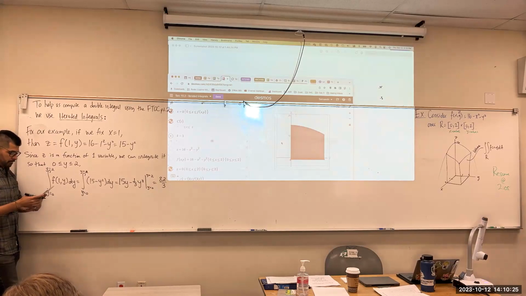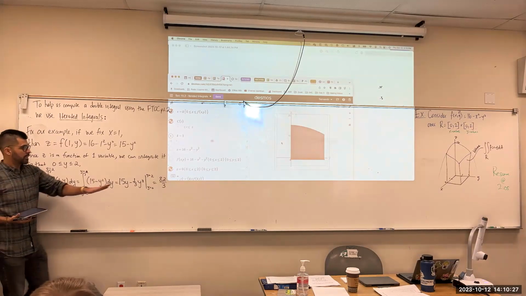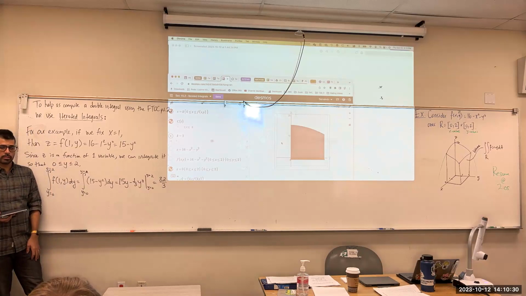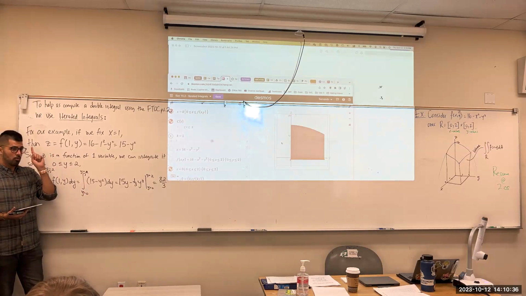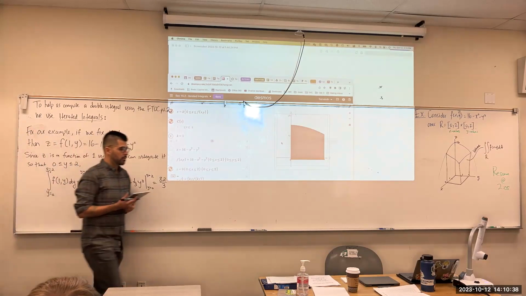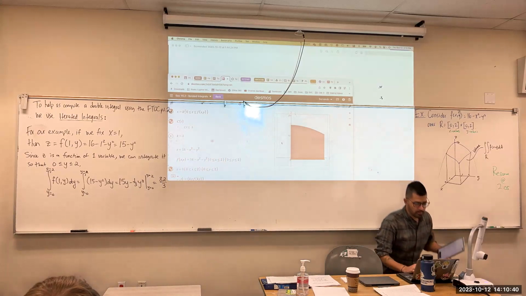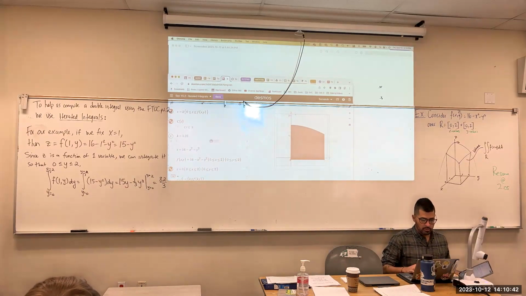Okay? What does that number represent? What do you guys think? Area under the curve, where what though? Where x is equal to 1. Notice that if I let x be a different value, that changes the height of the function, right?